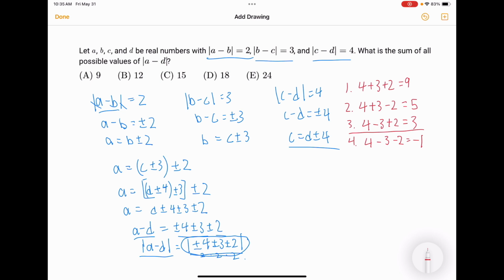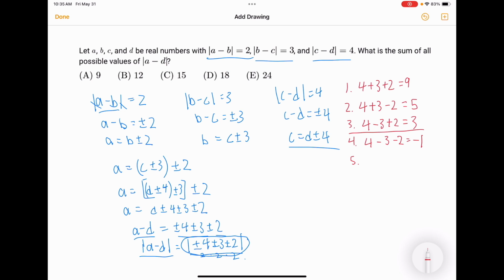And then we have that done, we can do 4 minus 3 minus 2, and that would give us negative 1. And we already see that out of the 4, we already have one that could not be a possible value, but we're just going to list all of the 8 out first, and then we'll go over which ones are not possible.